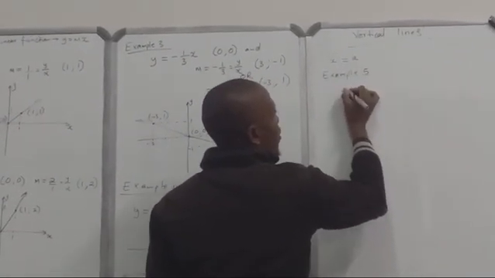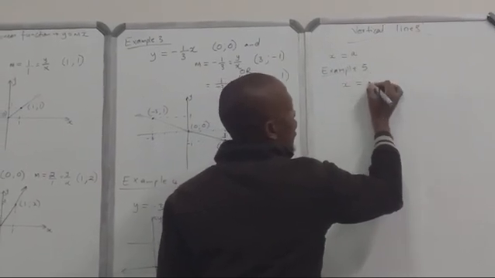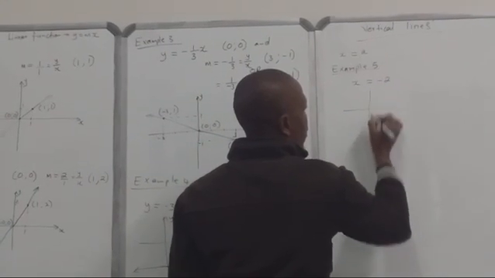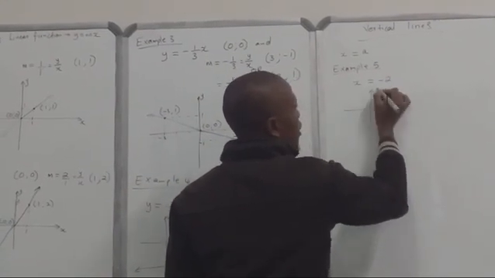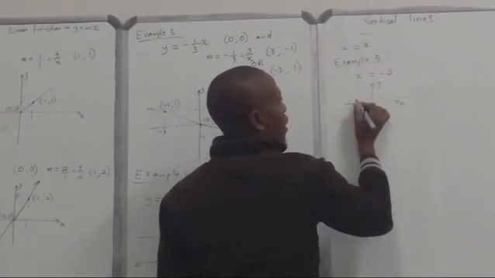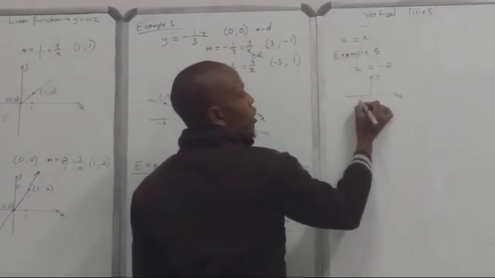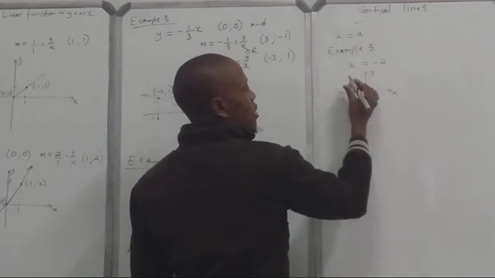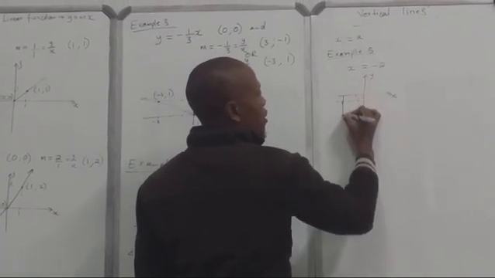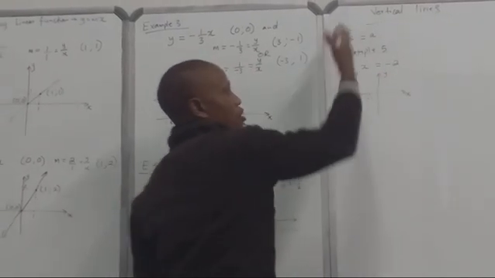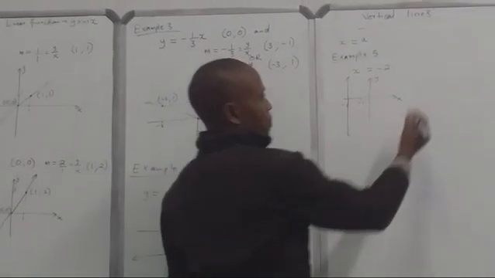Let's give ourselves x equals to negative 2. Then we are going to have our Cartesian plane there. It's y and x. Then you have your negative 1, your negative 2, and then it's your vertical line that passes through negative 2.